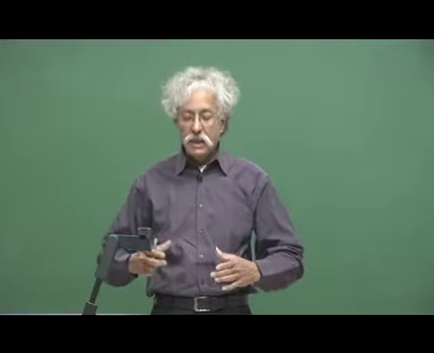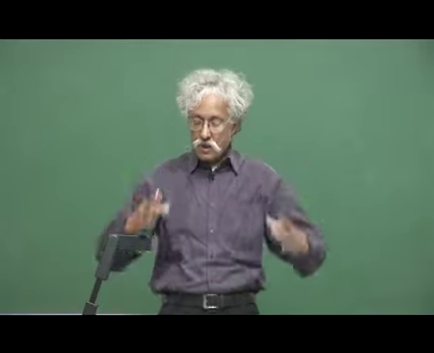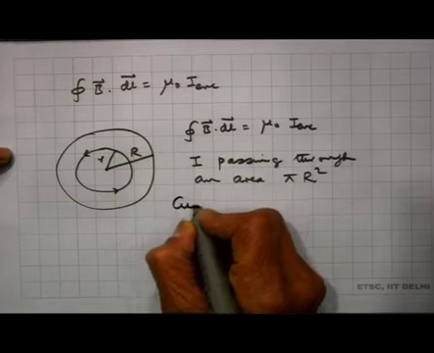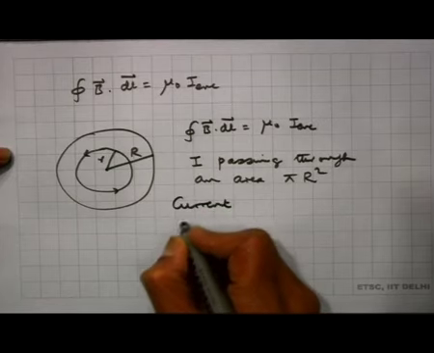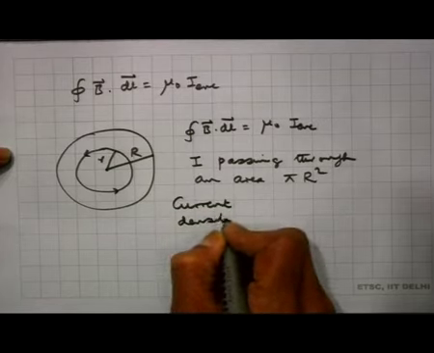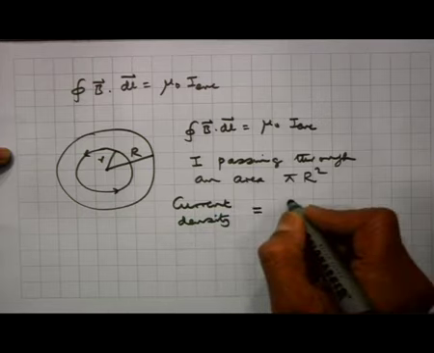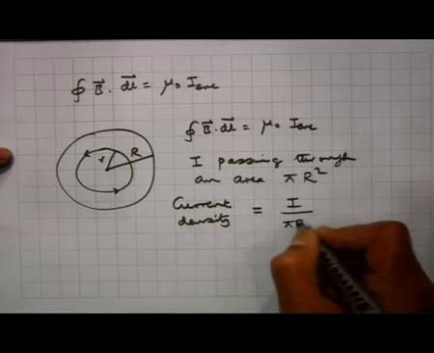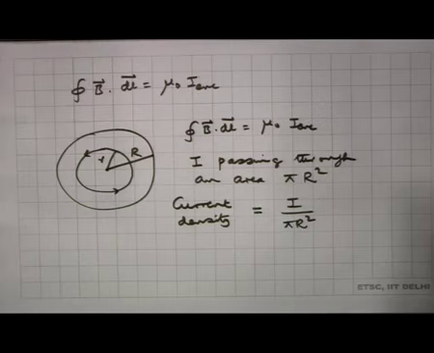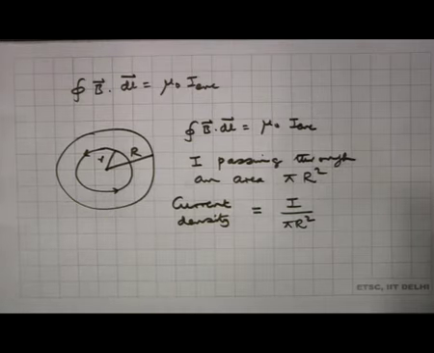So, the current I is carried over a wire of cross sectional area pi R square. So, I can define what is called a current density, which is current per unit area, which is I by pi R square. If you take a unit area perpendicular to the wire, the current passing through it is I by pi R square.